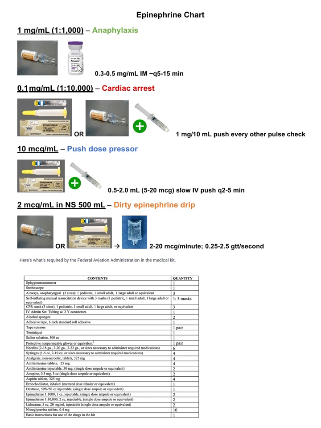And I included these images here. These are what the vials of the concentrated epinephrine look like. The dose is going to be 0.3 to 0.5 milligrams of epinephrine, and you give that intramuscularly every 5 to 15 minutes as needed for anaphylaxis.